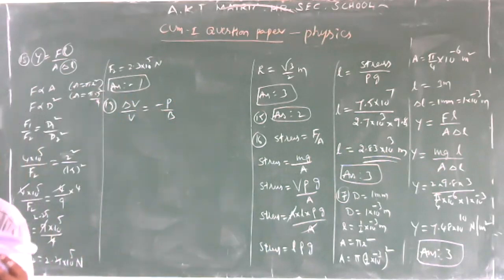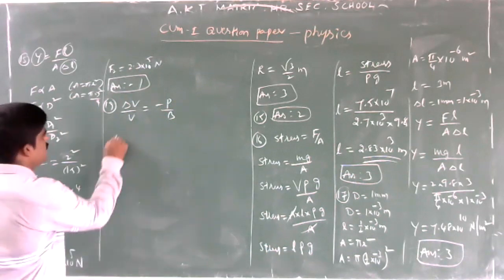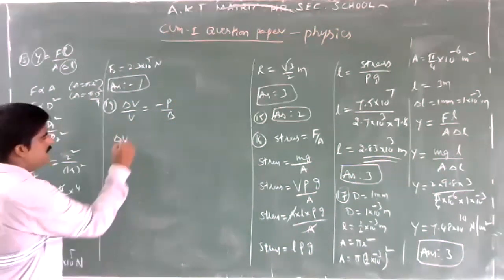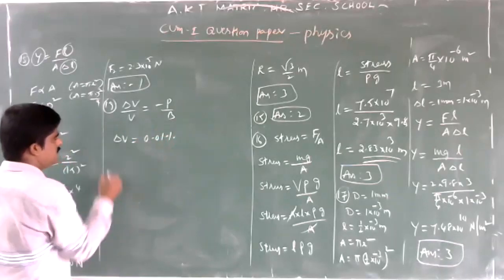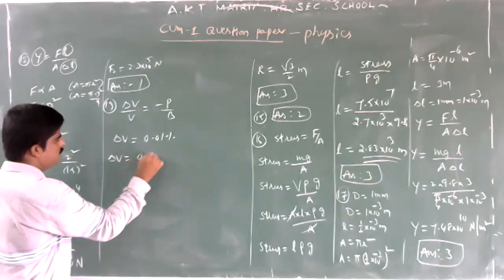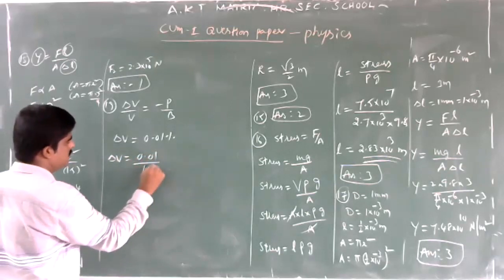How much percentage changes volume? 0.01%. So that is the change in volume delta V, V is the initial volume. Delta V is equal to 0.01 by 100 into V.